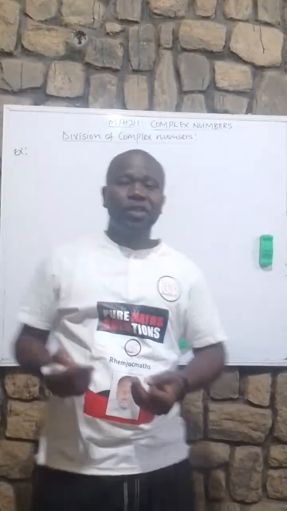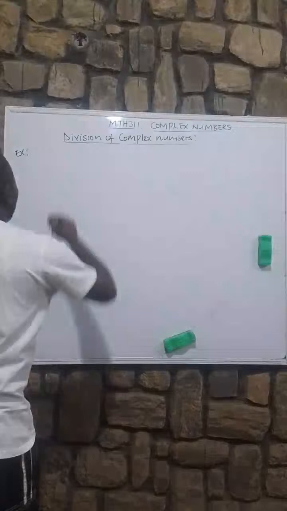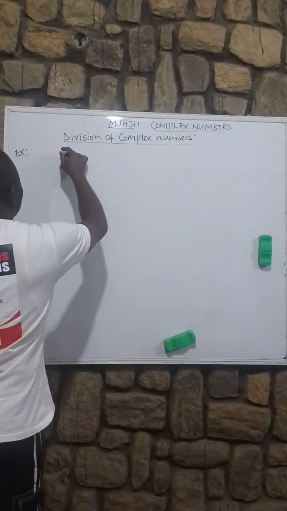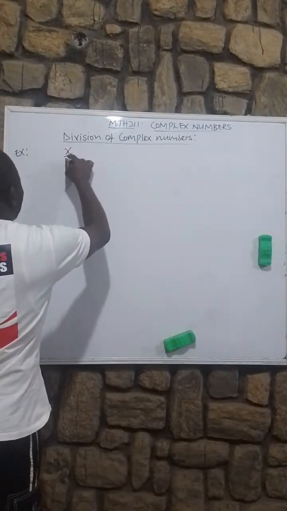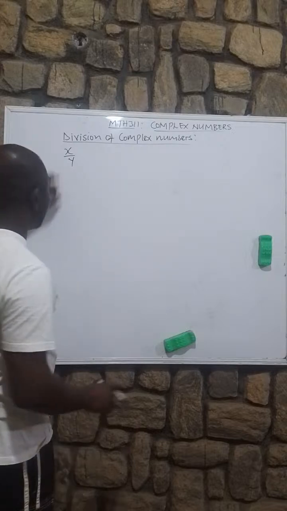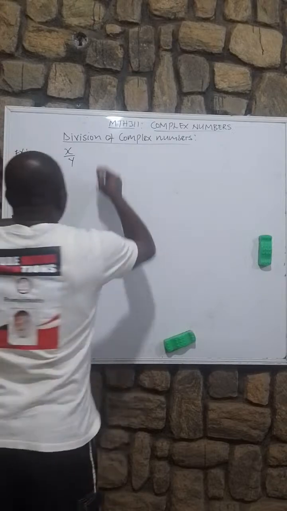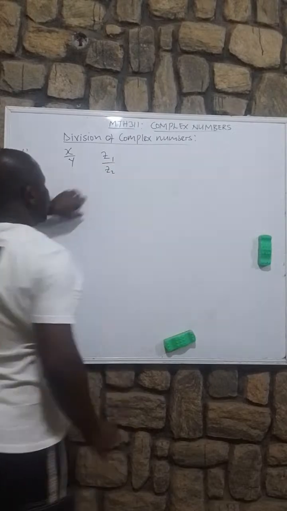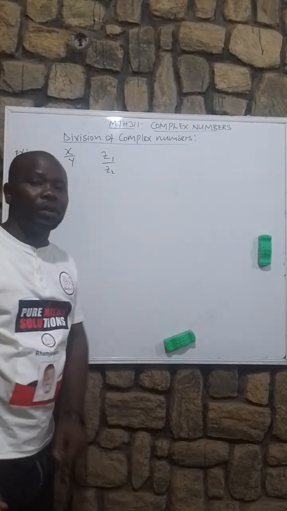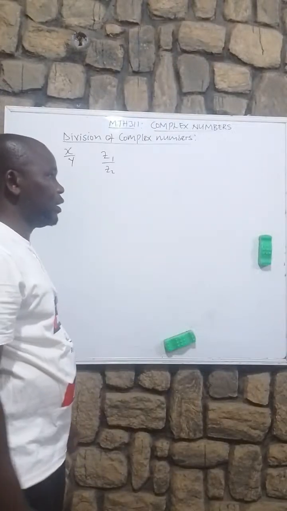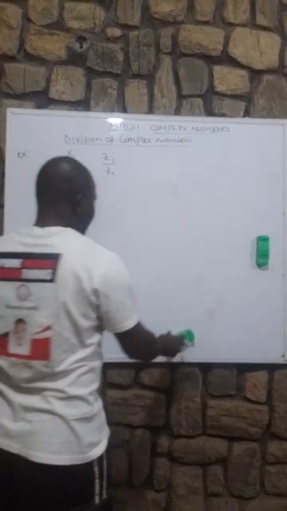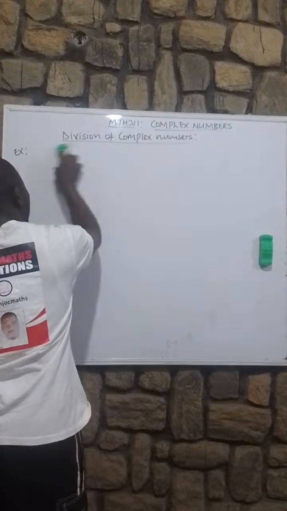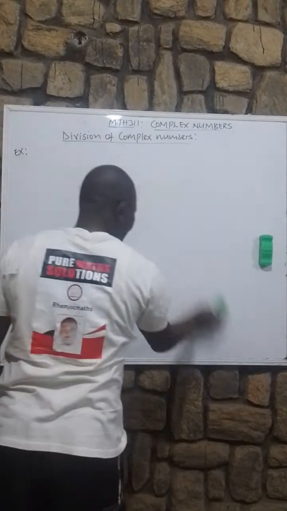When we say division, you know it. If we have something of this form, this is known as division. If we have Z1 all over Z2, this is also known as what? Division. Is that clear?